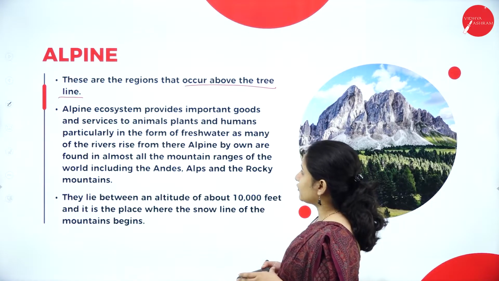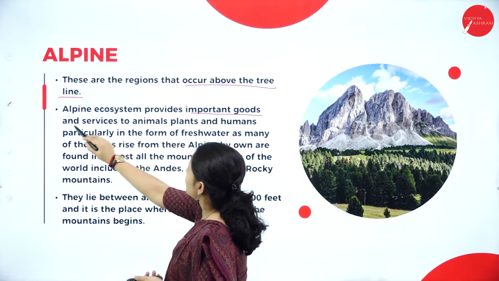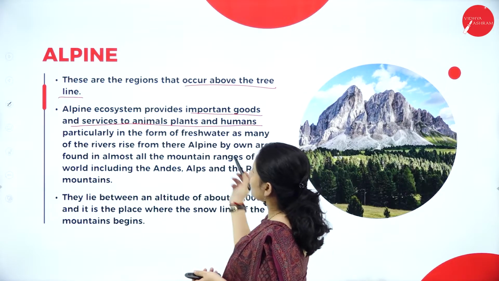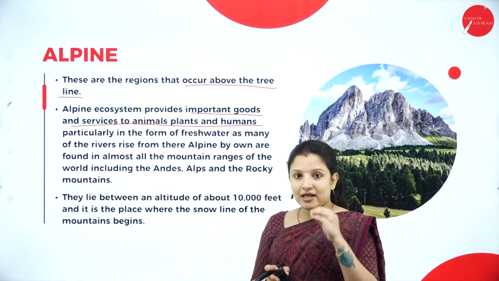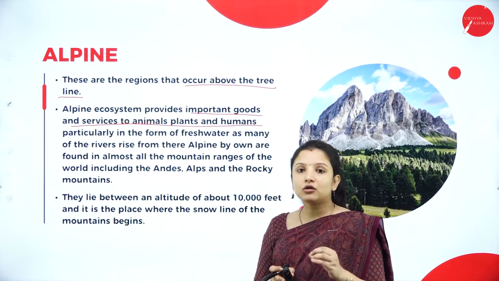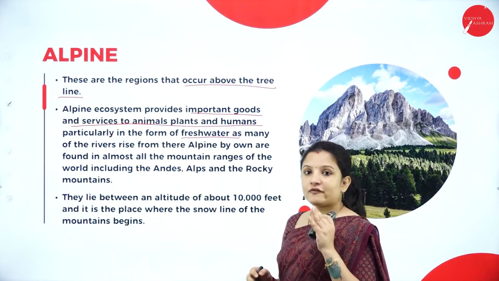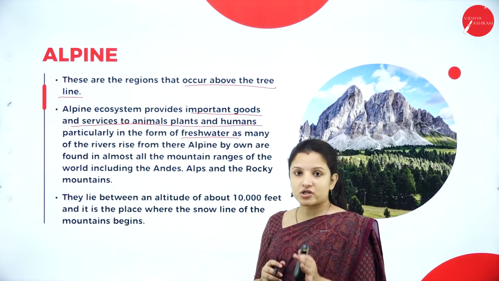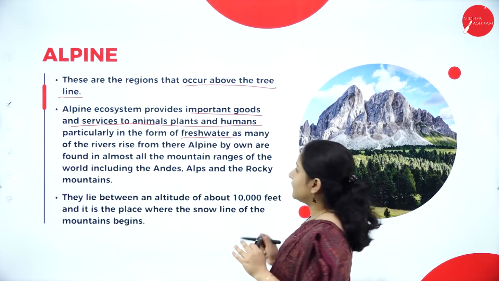So the alpine ecosystem provides important goods and services to animals, plants, and also to human beings, especially because these areas contain a lot of fresh water, because many of the rivers are said to originate from the alpine region, because they are somewhat snow covered also.